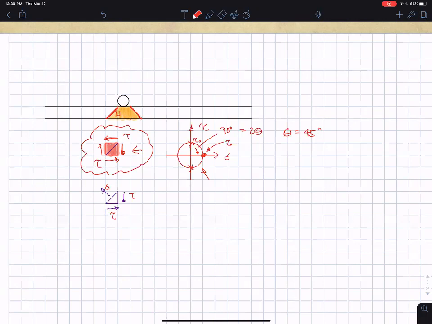And across that diagonal, there's a traction vector that's going perpendicular to that, and it'll be pure tension. And so what happens is this orange cone is popping out in tension. And that's why at 45 degrees, you get a tension crack.